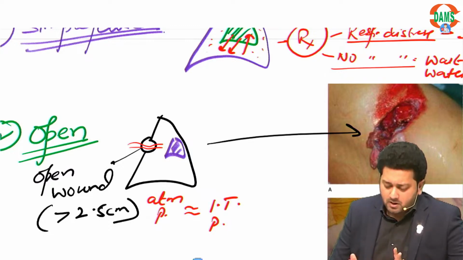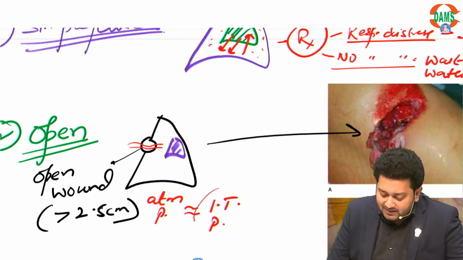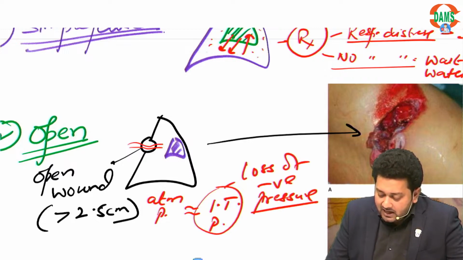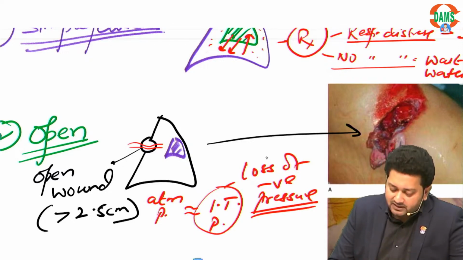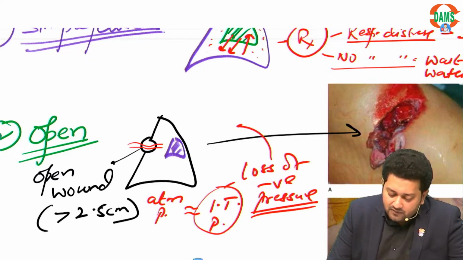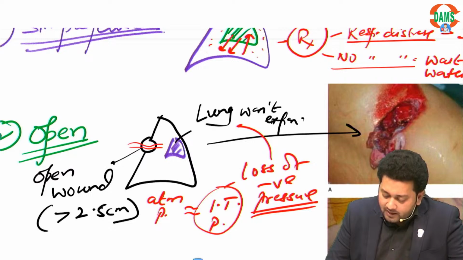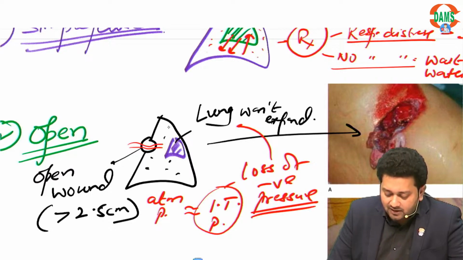By same, I mean almost same. It means there is loss of negative pressure inside. And if there is loss of negative pressure, the lung will not expand. Lung won't expand. And if the lungs are not expanding, there is accumulation of air.